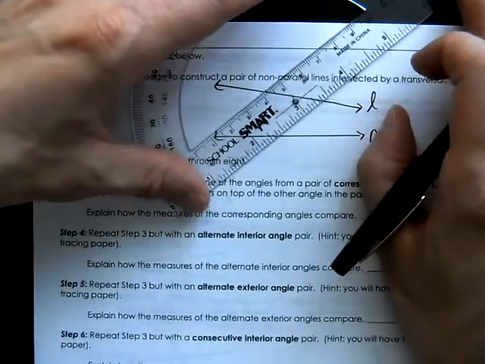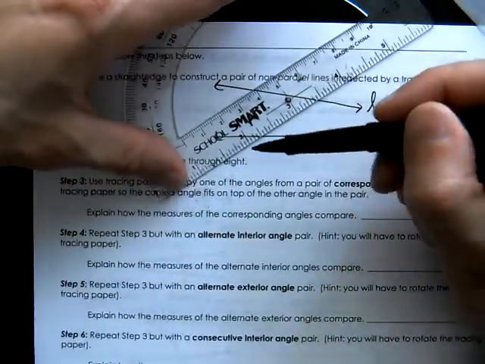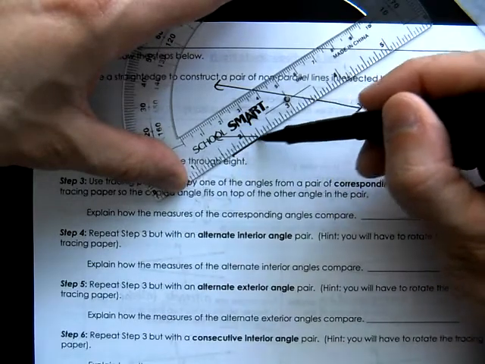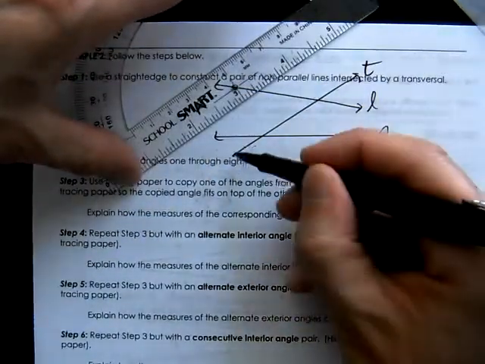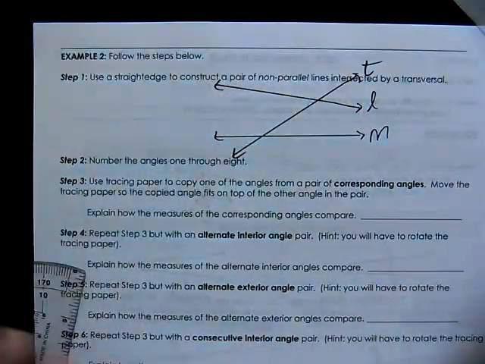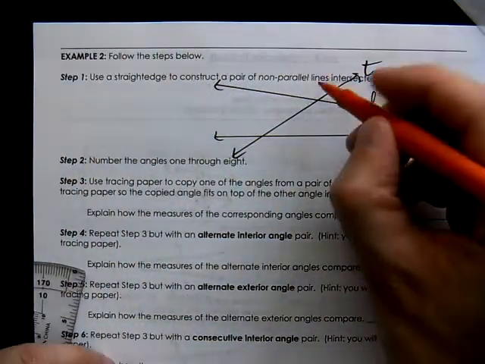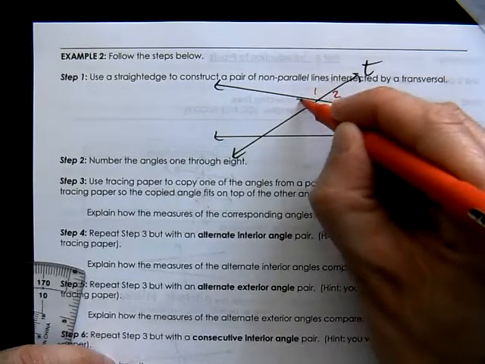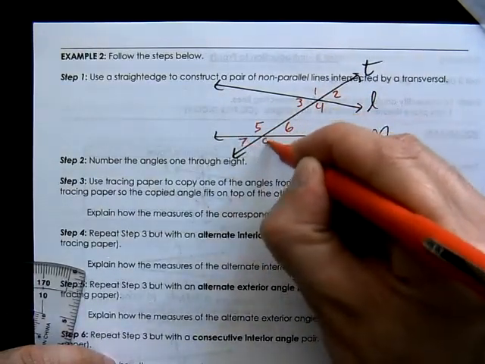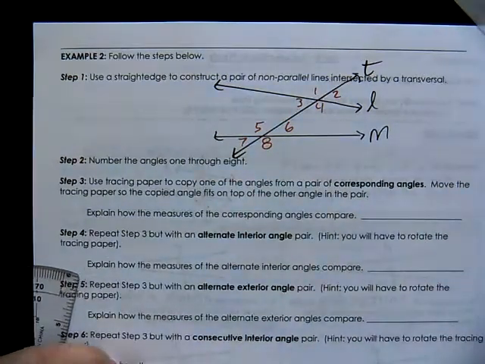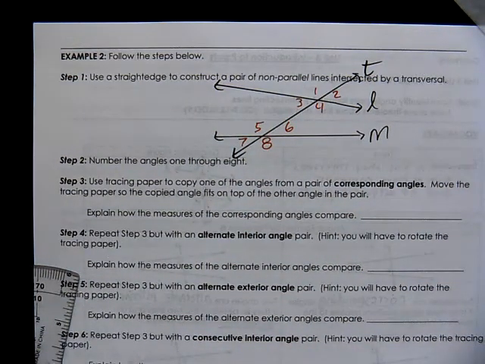I like to give it a pretty sharp tilt so that it's easier to compare the sizes of these angles. So there's my transversal crossing over the two lines. Let's number off these angles. So angle 1, 2, 3, 4, 5, 6, 7, 8. That way we can compare various combinations of angles.